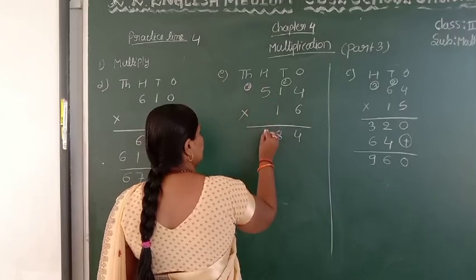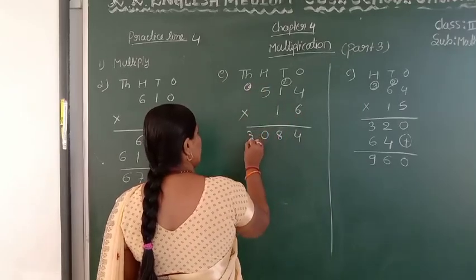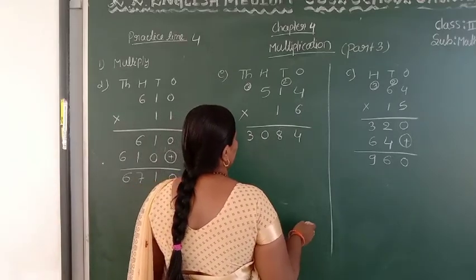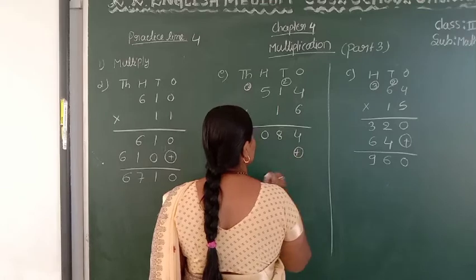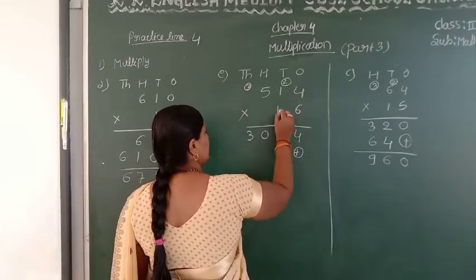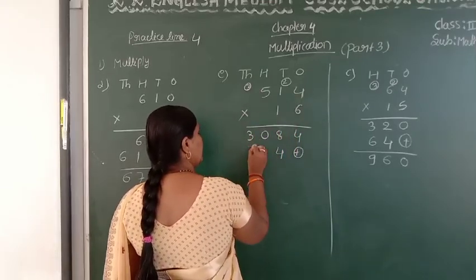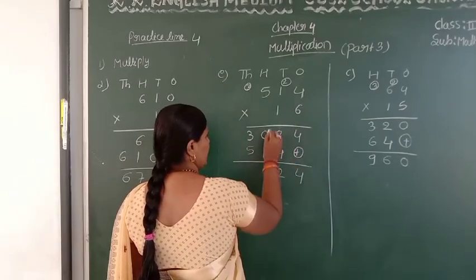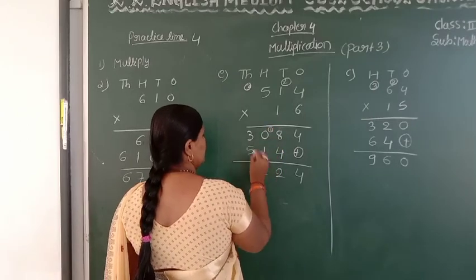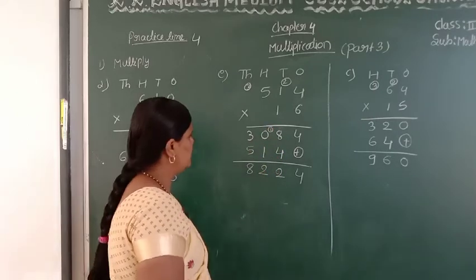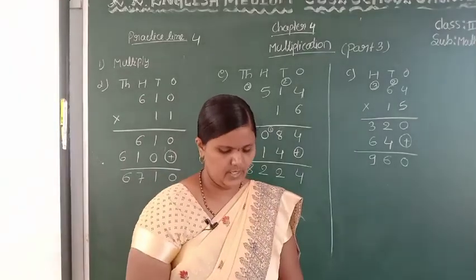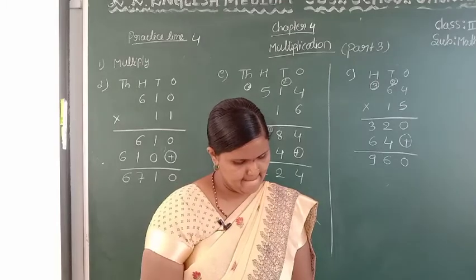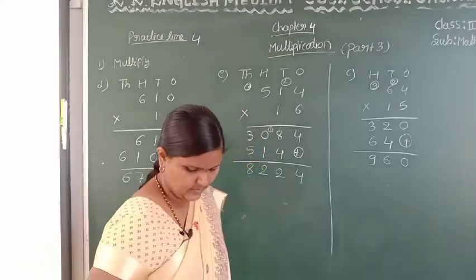Write 3 here, write 0, and that 3 here write as it is. Next, plus 1 into 4 is 4, 1 into 1 is 1, 1 into 5 is 5. 8 plus 4 is 12. Write 2, 1 carry. 1 plus 1 is 2. 3 plus 5 is 8. Answer is 8224.